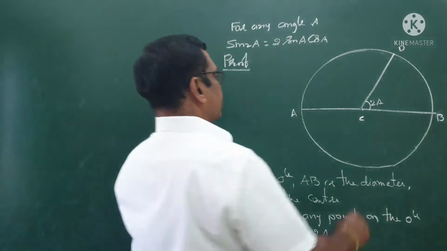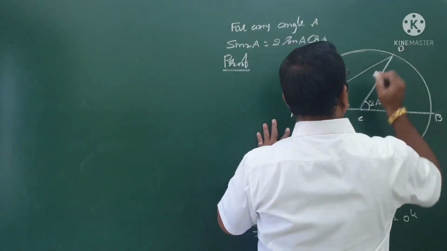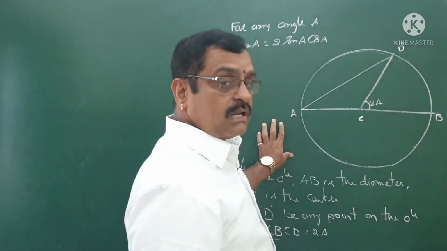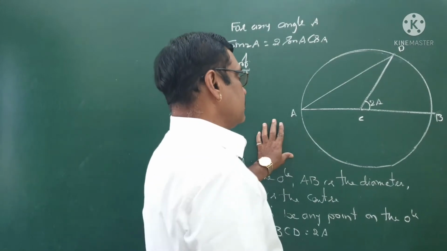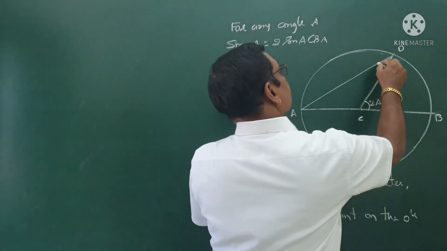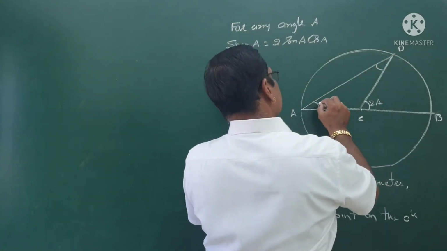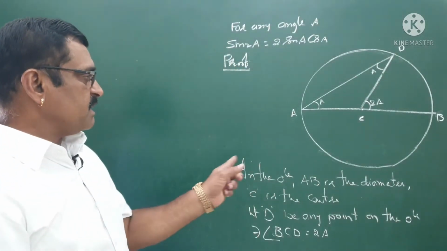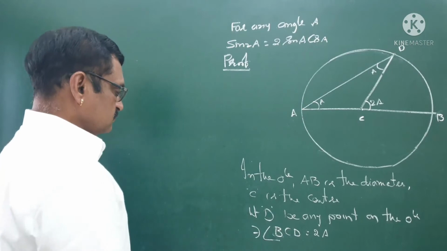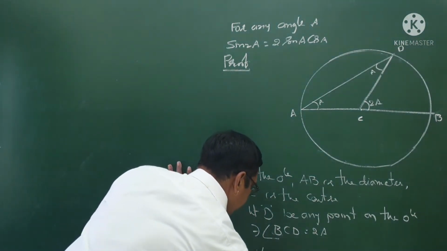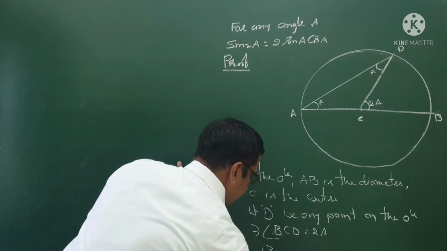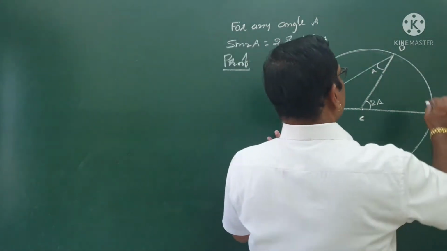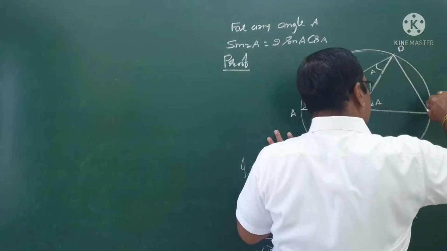So my next step is I join these two. Now CA and CD are both radii of the circle. When this angle is 2A, by plane geometry we know that this angle is also A. Therefore angle BAD is equal to A. Now next, I join these two.